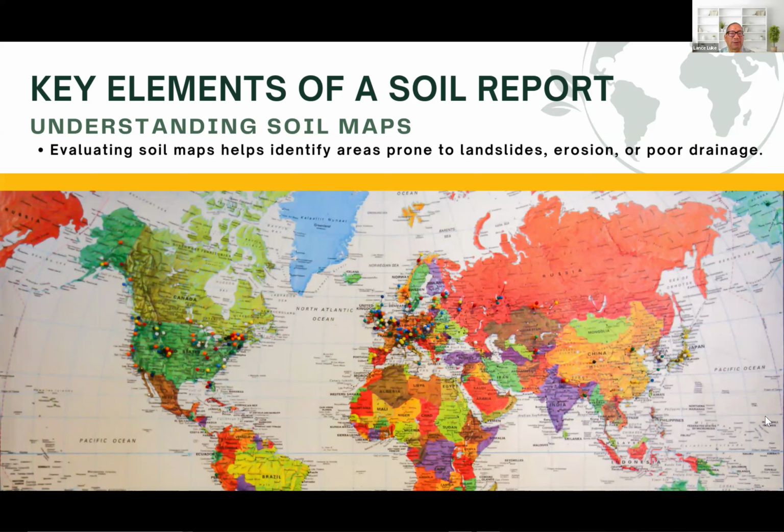It may be a preservation or conservation zone, even if it's zoned for residential. The soil condition may be so bad that you can't build on it. It's too expensive. And then also practical use for engineers, right? They can adjust construction methods and materials based on the soil map data, such as reinforcing foundations in erosion-prone areas. So there's a lot of information here.